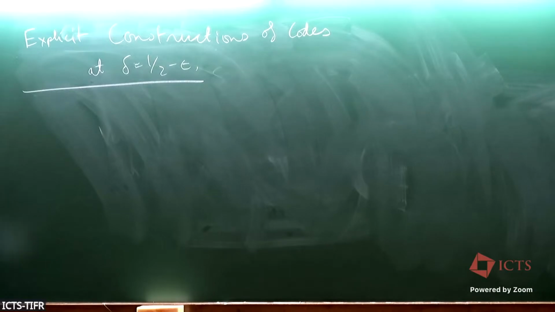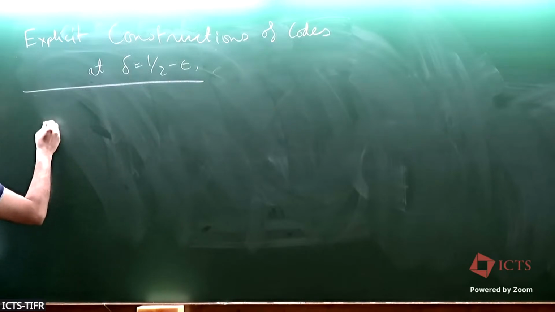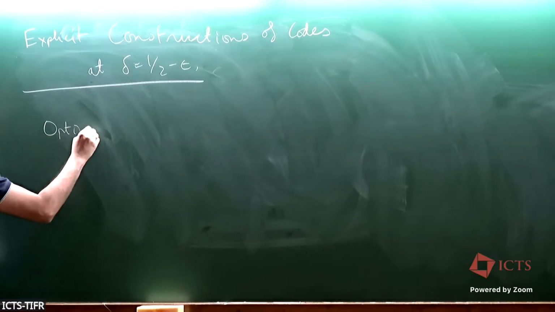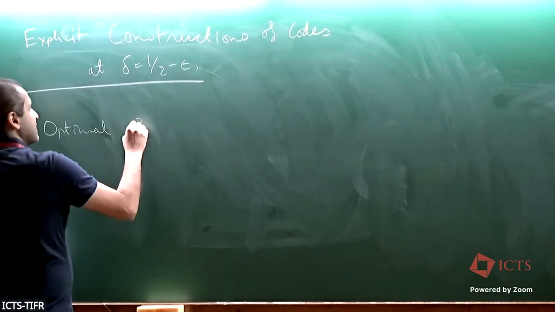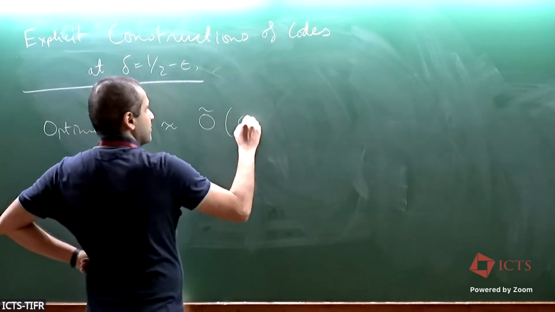So we know that the optimal rate is about O tilde of epsilon squared.